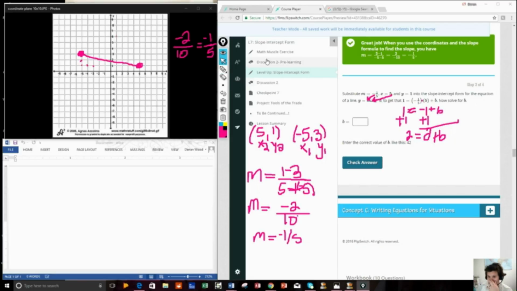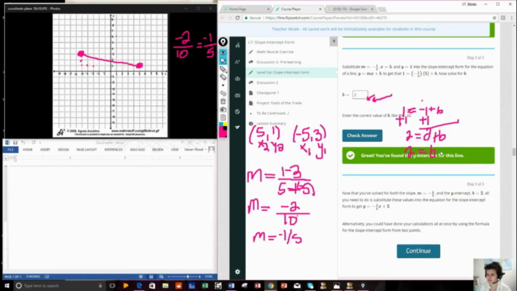So this is going to be, let's simplify, let's reduce this. 0 plus b, that's b. So our b value is 2.